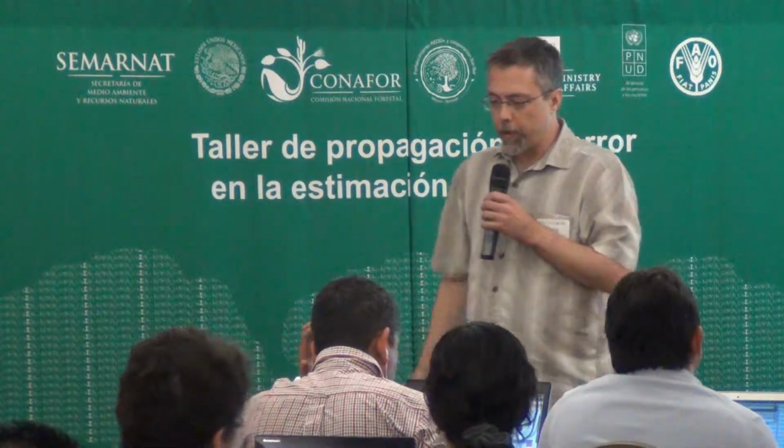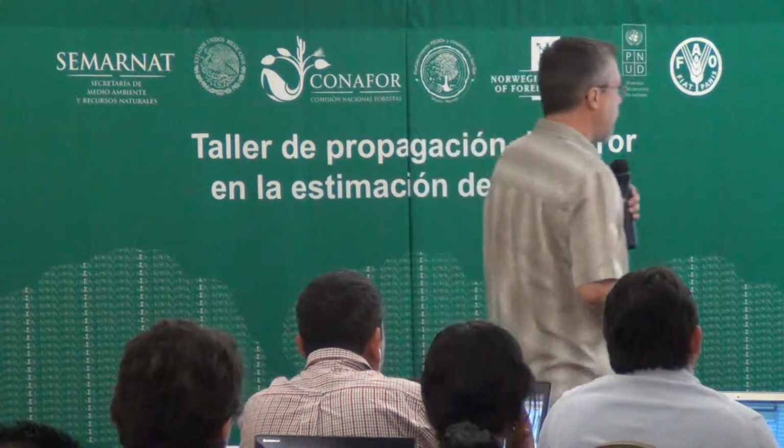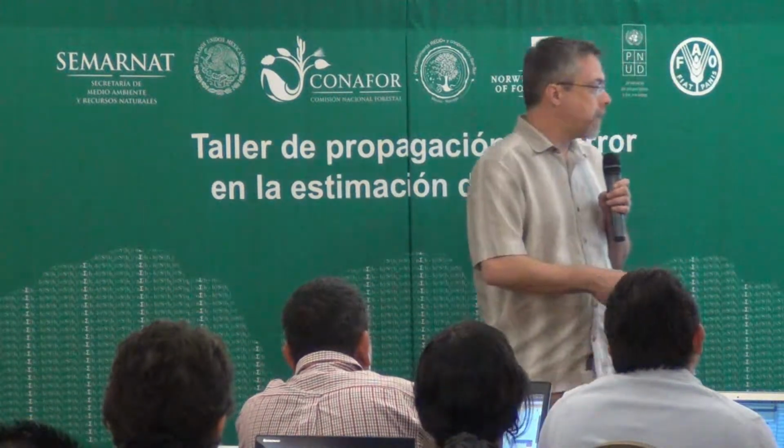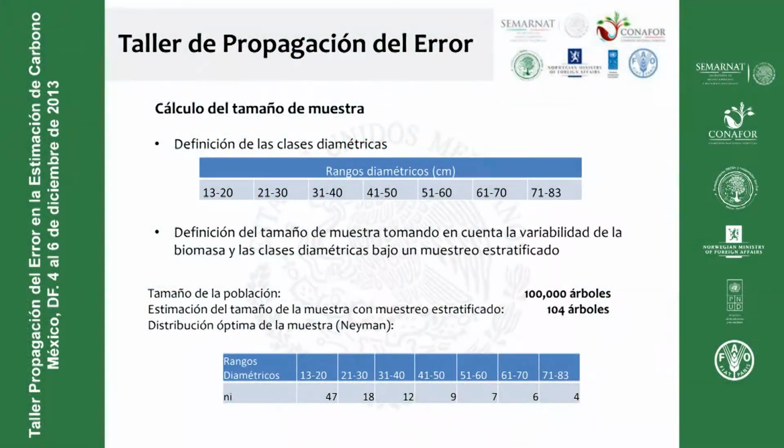So, with our fake forest, we went ahead and calculated what would be the optimal size of trees chopped down and size classes. Now, this is, of course, using Neyman's technique to generate that based on number of individuals, and the distributions.